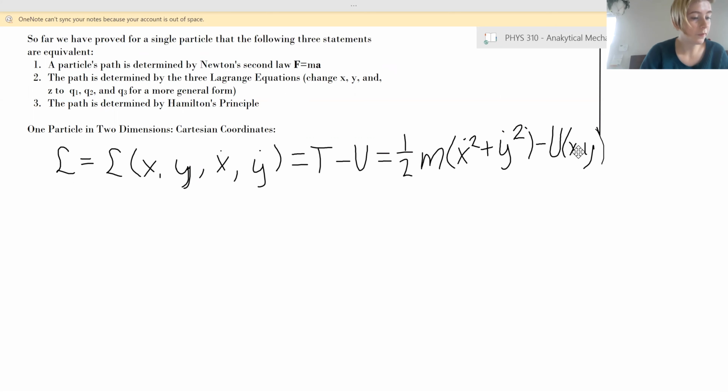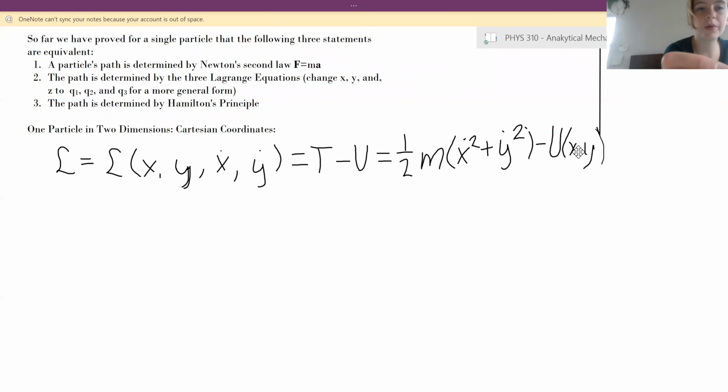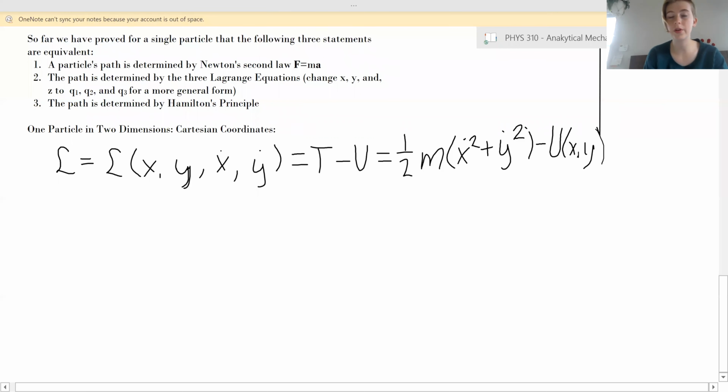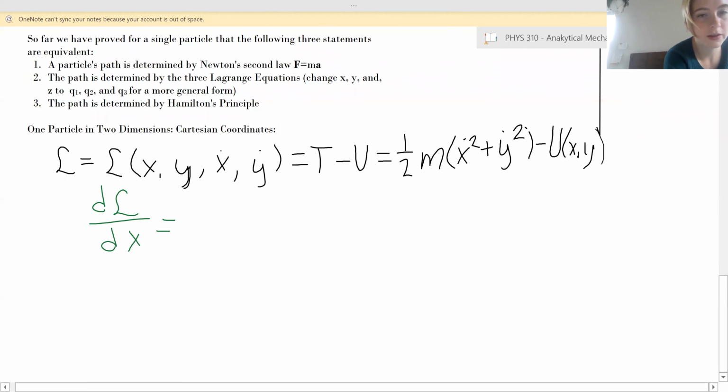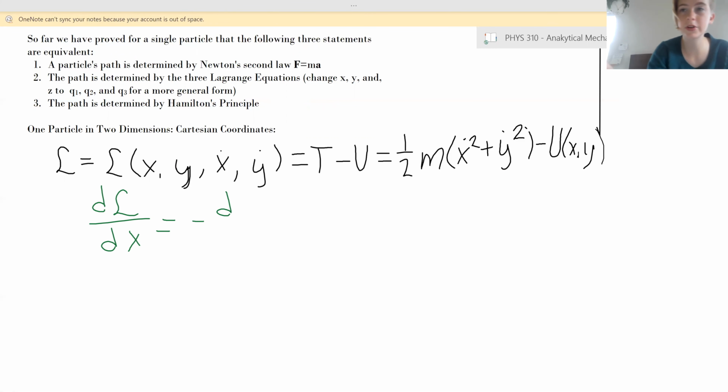So looking at that, we're now able to just basically do the whole Euler-Lagrange thing of this guy. We're going to start with x, just because it's kind of nice, and we're going to do basically the same steps that we did above.